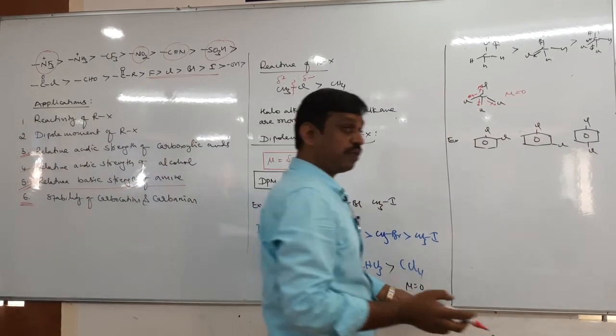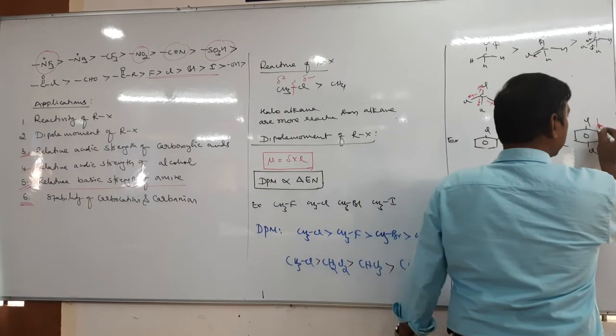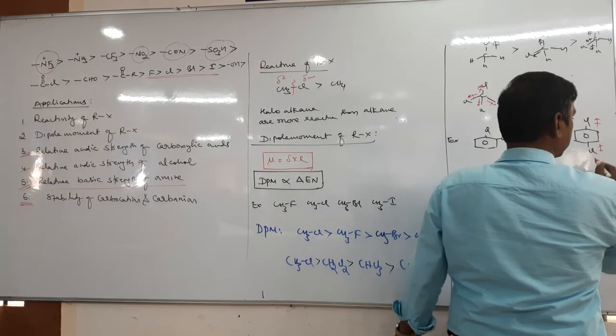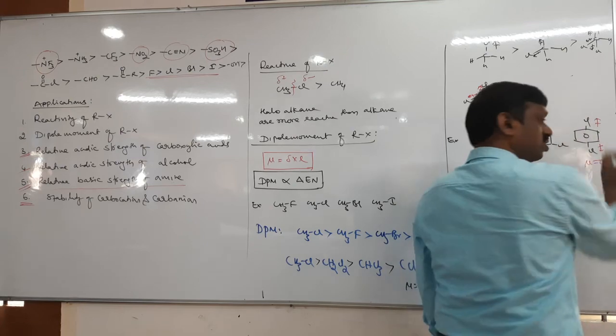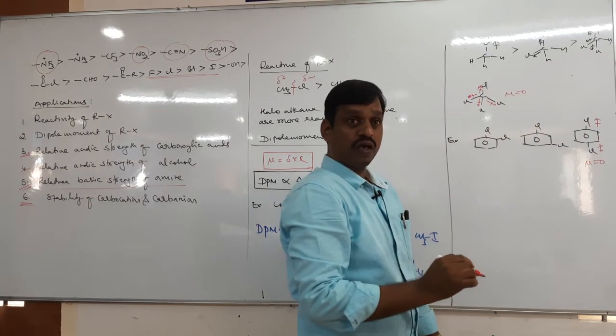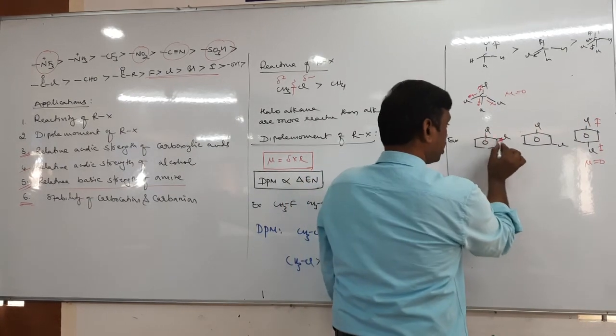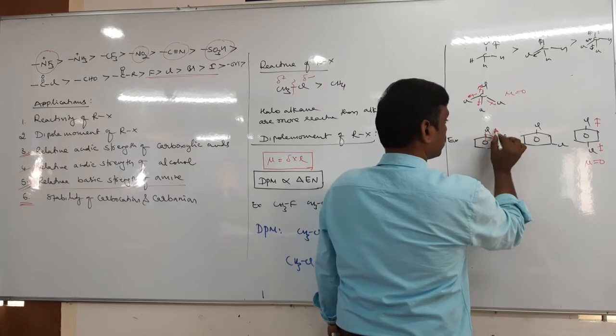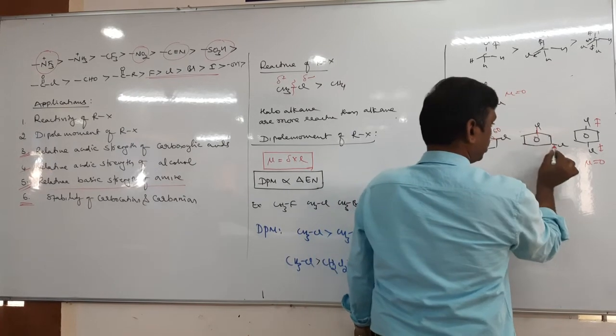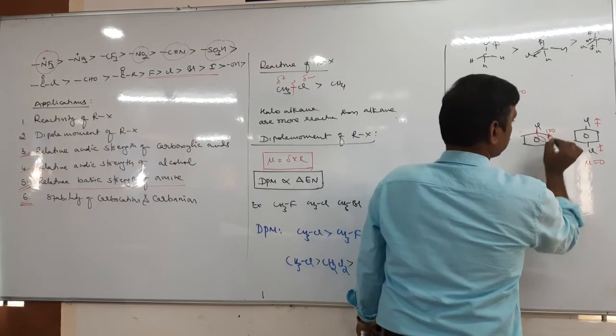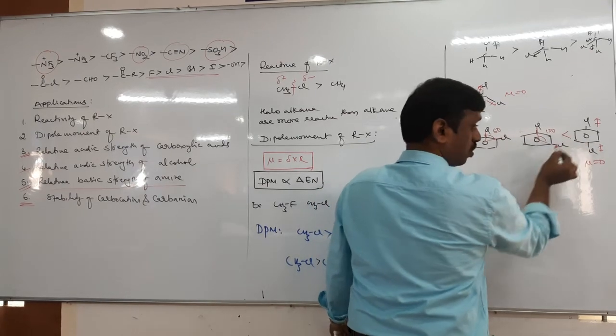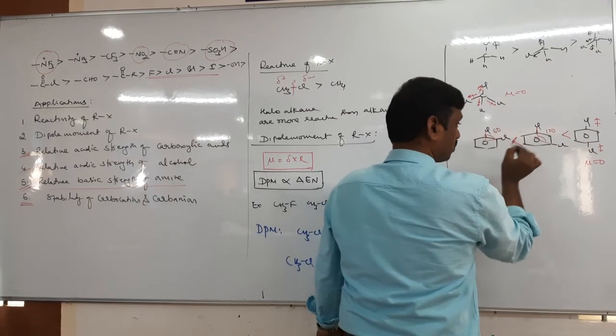Remember, the dipole moment of para-dichlorobenzene is absolutely 0 because it is mutually cancelled. Here the angle is around 60, here it is 120. Then para 0, then meta, then ortho.